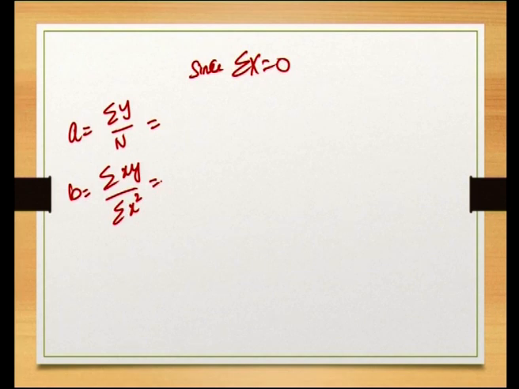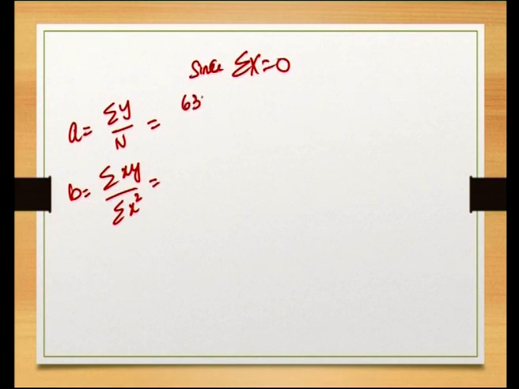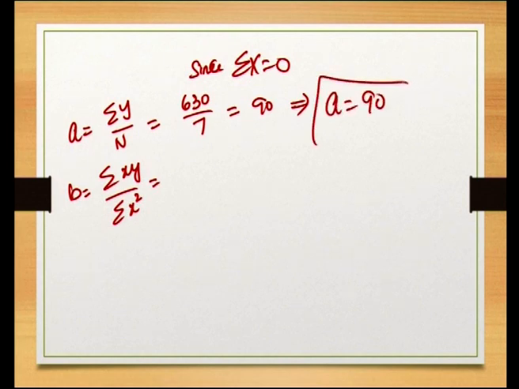Okay. a is summation y by n. What is summation y? 630, and 7 is the number of years, which is 630 divided by 7 is equal to 90, which implies a is equal to 90. Next, summation xy by summation x square, 56 by 28, is just nothing but 2.